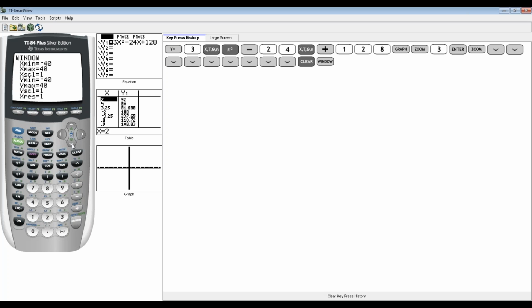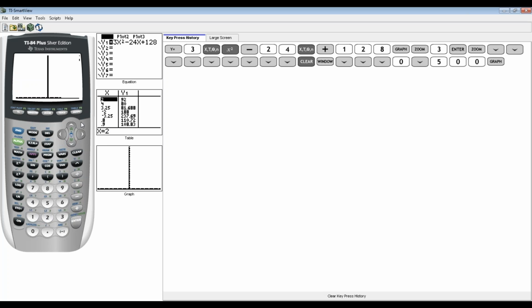We don't need the negative number, so we'll start with a y minimum of 0 and a y maximum of 500 just to make sure we have it all. And graph. Let's see what we have now. Okay, so now we can see our parabola.